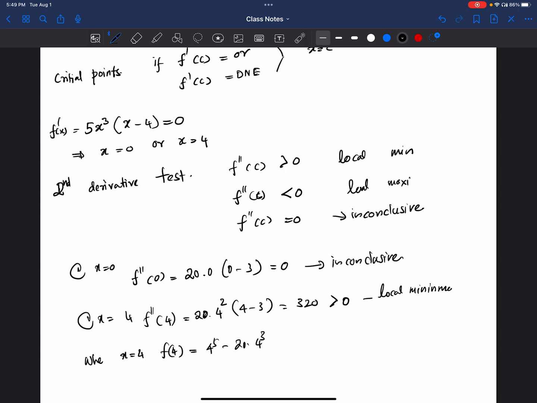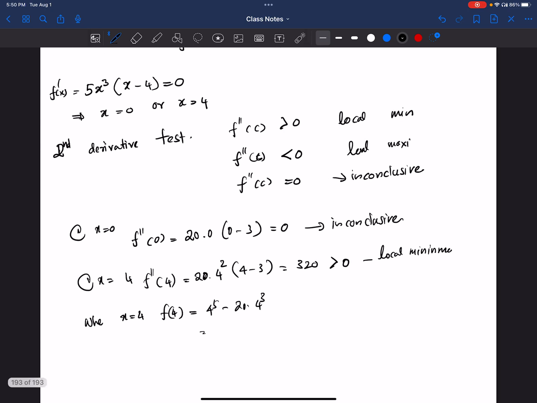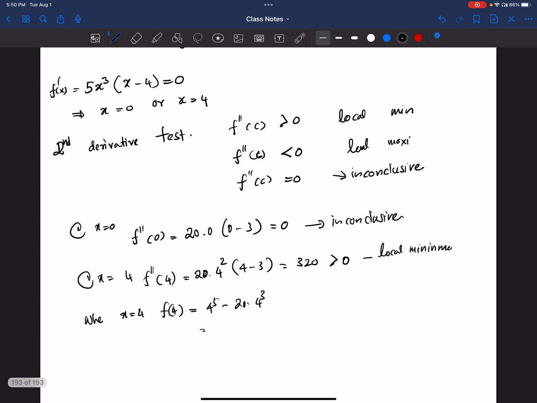We do the calculation, and it's negative 256.